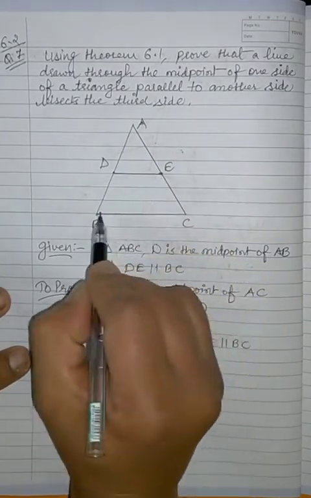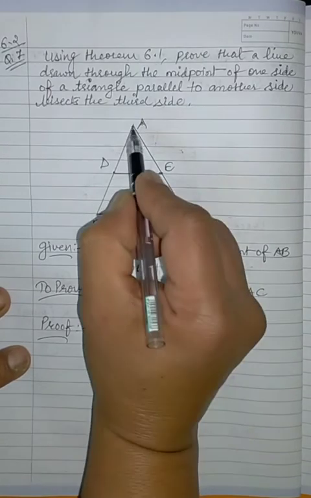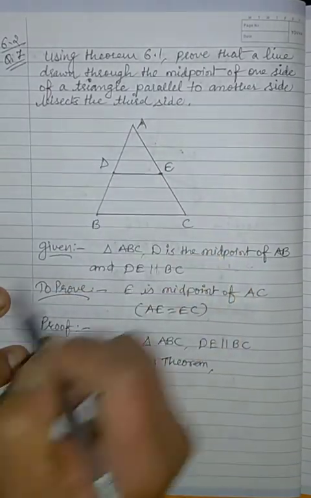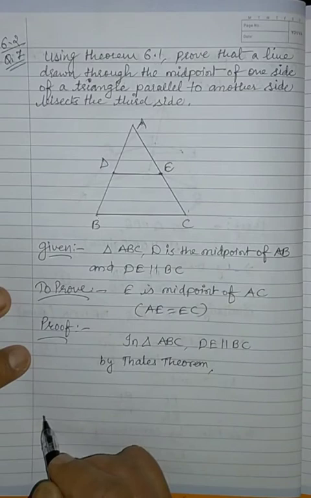So if DE is parallel to BC, then AD upon DB is equal to AE upon EC.